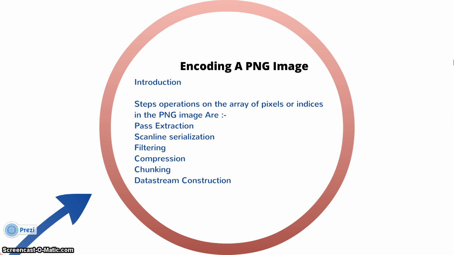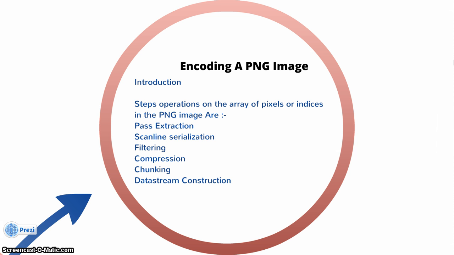In the encoding part, first I will give you an introduction and then I will tell you about the various operation steps of encoding a PNG image. In the introductory part, a conceptual model of the process of encoding a PNG image is a series of operations on the array of pixels or indices in the PNG image.